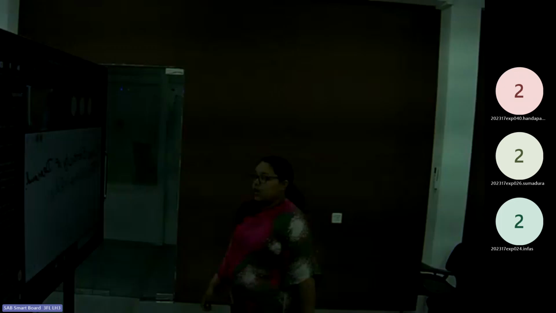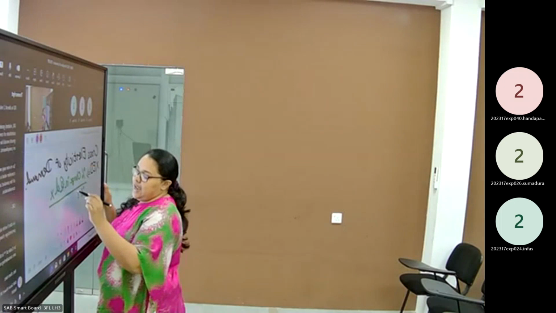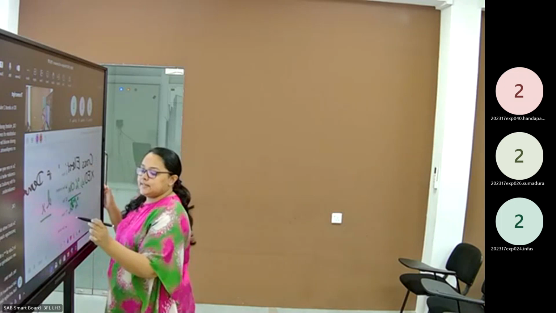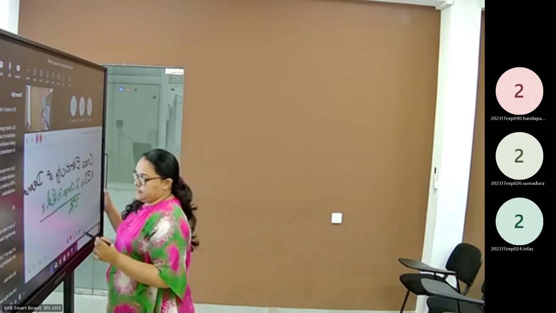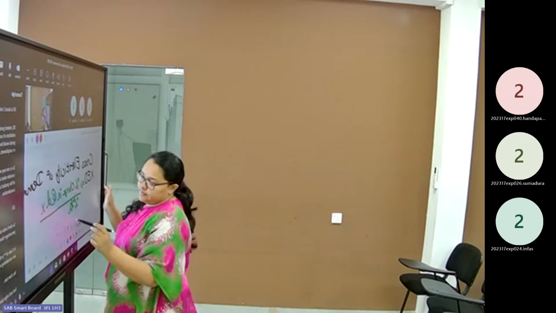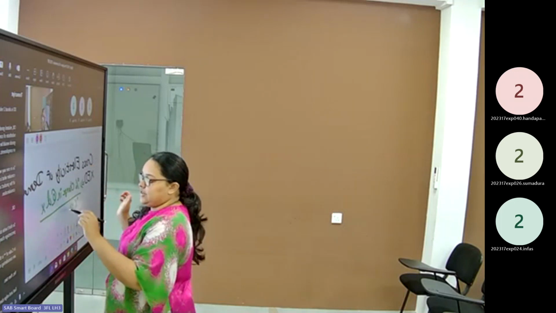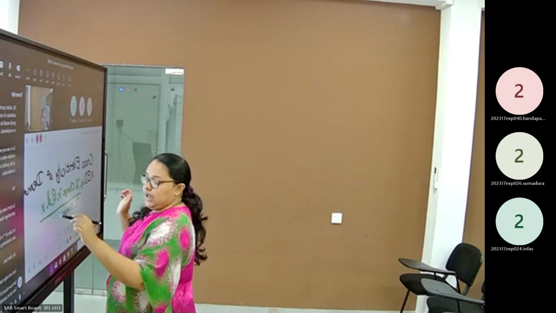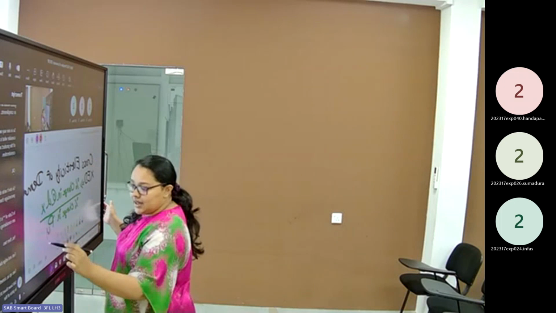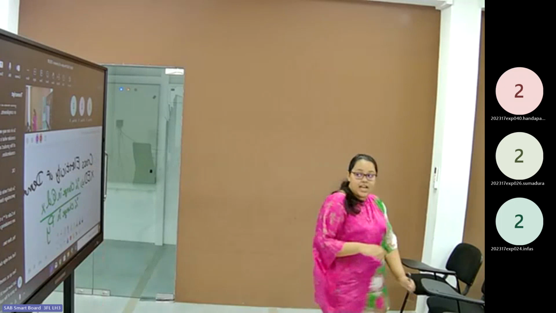Then, second, a percentage change in price of the related good. Why? Two goods under consideration.